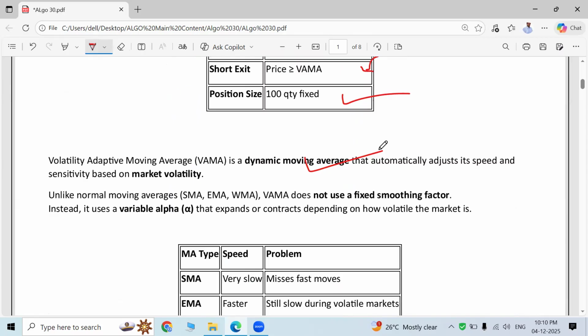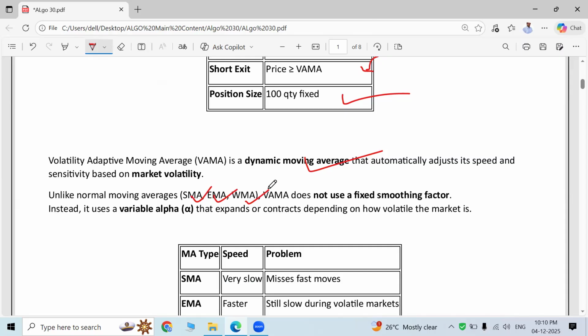Now why not other moving averages? Here a very special factor called alpha is used to get the smoothing factor in the VAMA. The actual mathematics involved in the VAMA has a great level of accuracy. Then why not SMA, EMA and WMA?